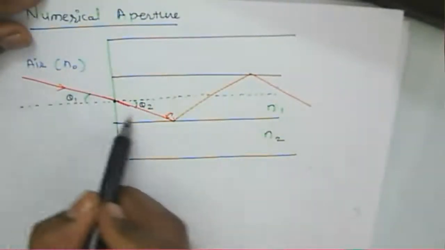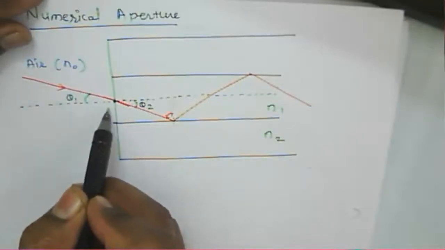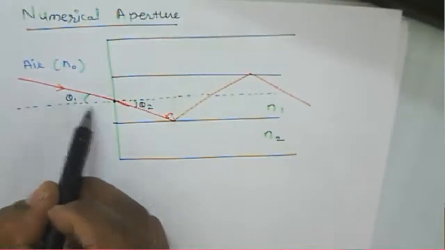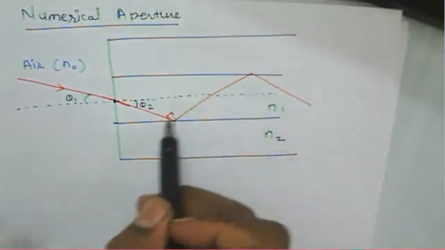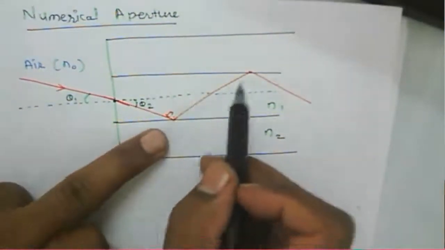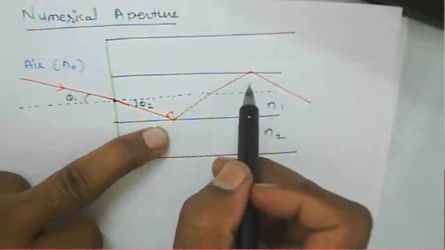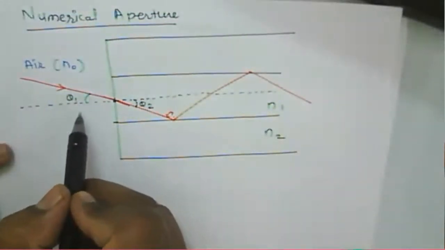Now here what we are learning is that a ray is propagating through the fiber. It makes a critical angle, and then it will be reflected here.